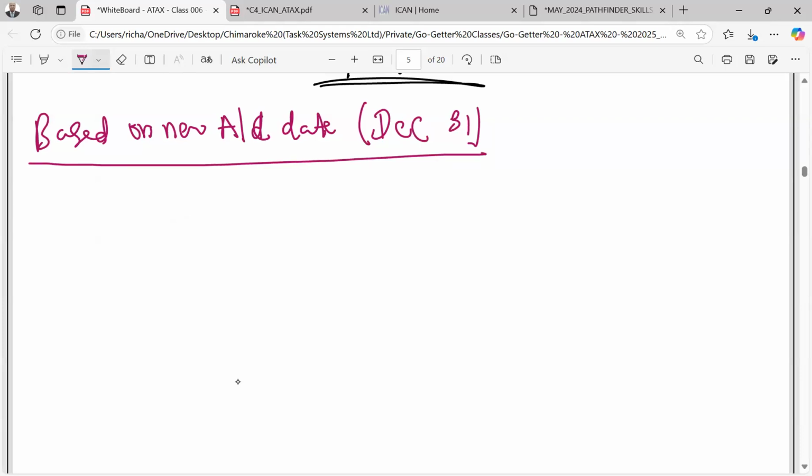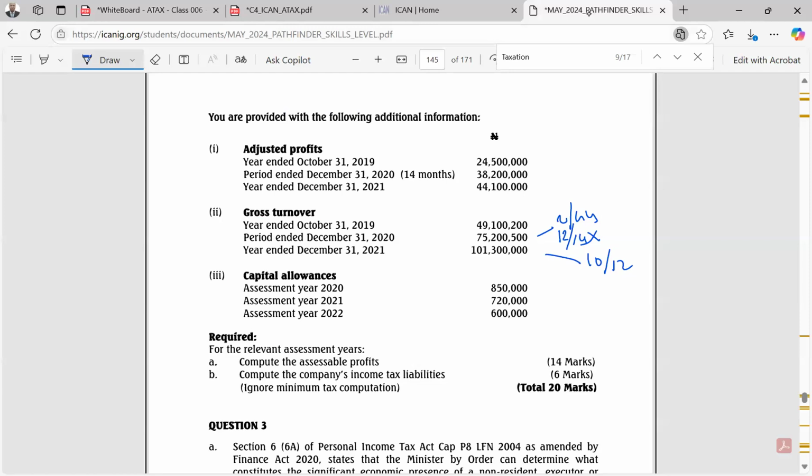So we have our year of assessment 2019, from January 1, 2019 to 31st December 2019. So January 1, 2019. This account started from November 1, 2018. So January 1, 2019 is here.